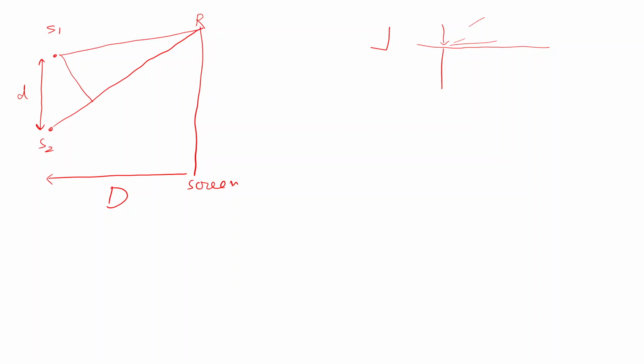When I drop this perpendicular from S1, let this point be capital P. The paths S1R and PR are the same, but this is the extra path that the S2 emitted wave travels to reach the point R for interference. So this is the extra path that we call the path difference between these two waves.